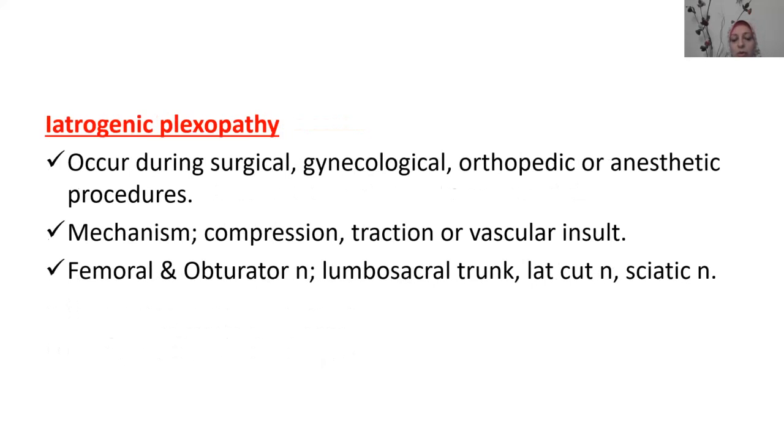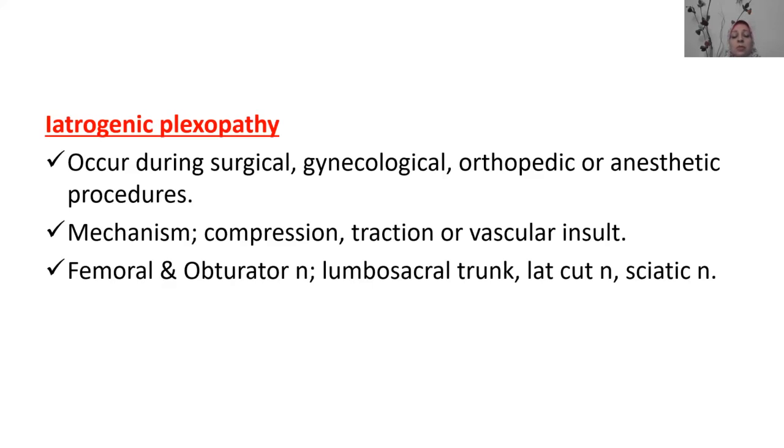Iatrogenic plexopathy occurs during surgery, like prostatic resection, gynecological surgery like hysterectomy, or during obstructed labor by using forceps, and orthopedic surgery during total hip replacement, or anesthesia, especially epidural anesthesia, which may cause retroperitoneal hemorrhage.